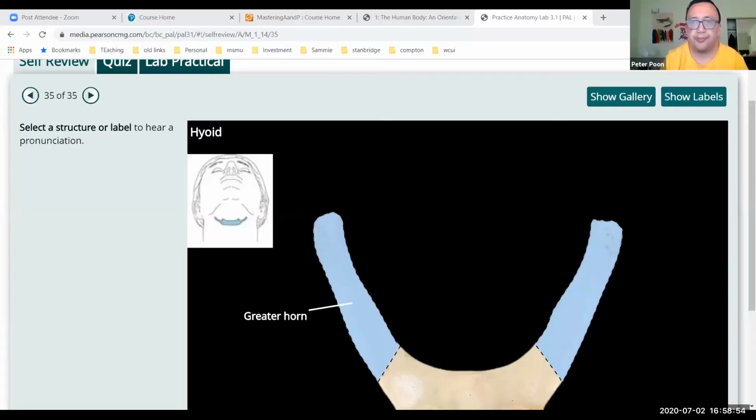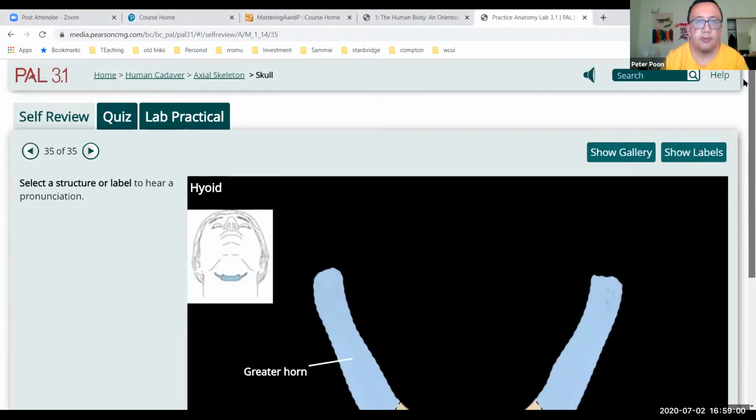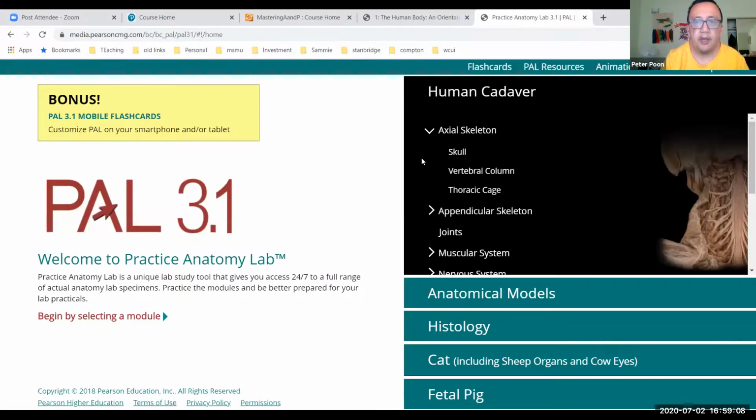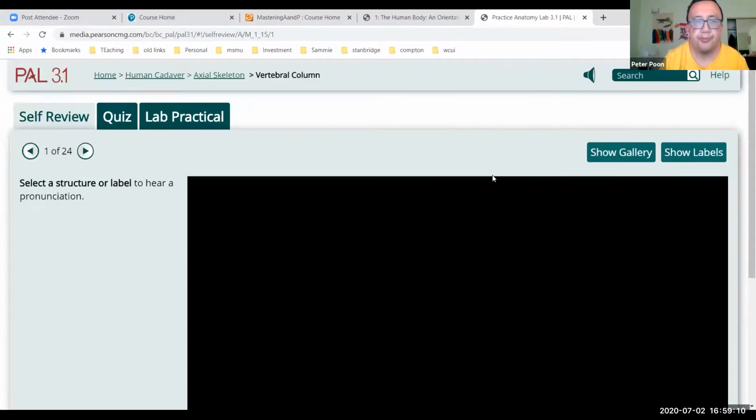This one's not over. I still want to go through the PAL presentation. Exoskeleton, vertebral column.